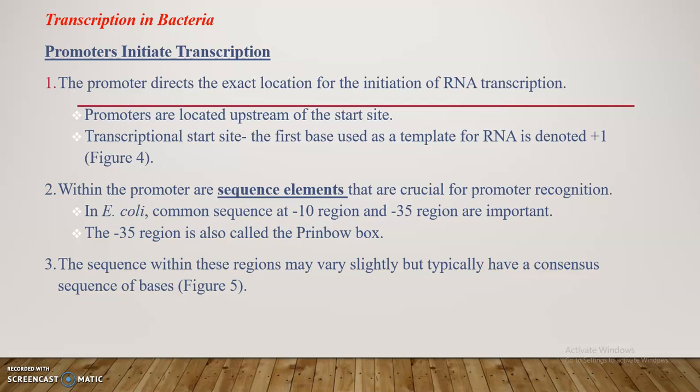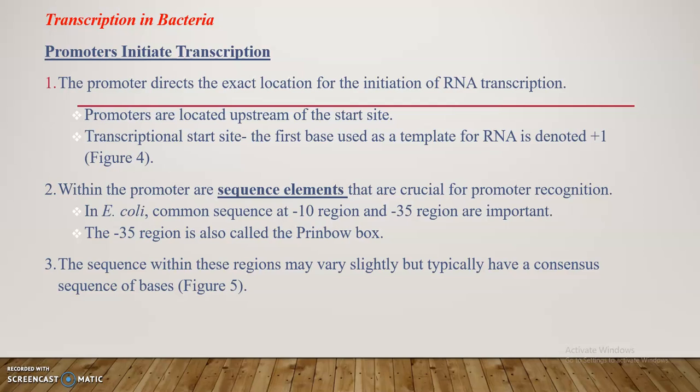In bacteria, they are located upstream of the starting site, and this transcriptional start site is the first base used as a template for the RNA, which is denoted as positive 1, as shown in figure 4.